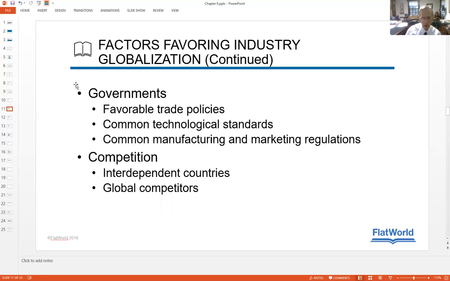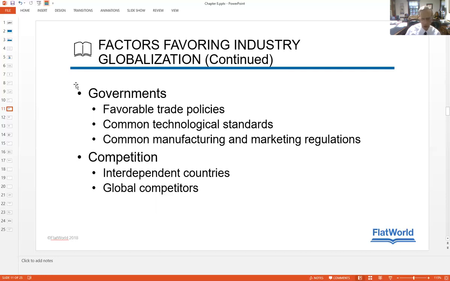Other factors favoring globalization, of course, could be favorable government policies with regard to trade, technology, regulations, and so forth.